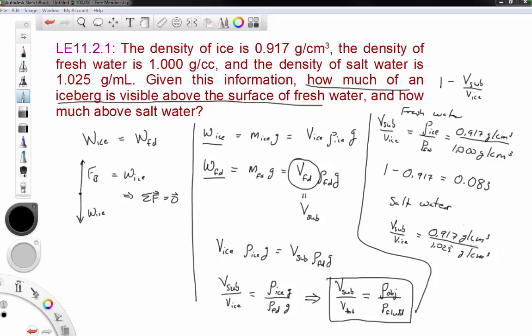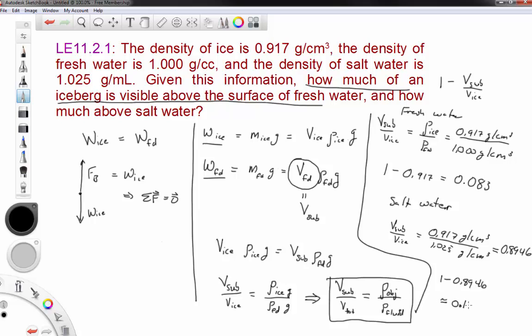And the result of that is about 89.46%, or 0.8946. And so 1 minus 0.8946 gives us just a little over 10%.